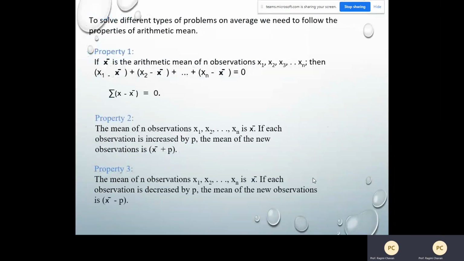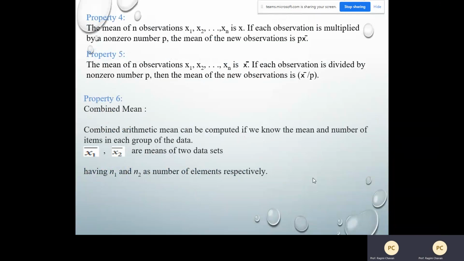Now property 4, the mean of n observations is x bar. If each observation is multiplied by non-zero number p, then mean of new observation is p into x bar. So finally, final mean is also multiplied by that constant. And property 5, the mean of n observations is x bar.